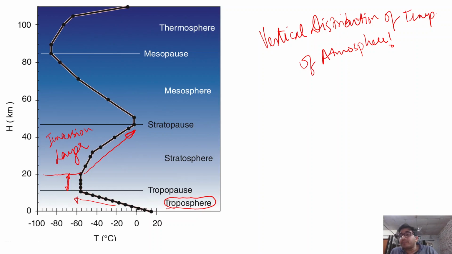Is it at the equator or is it at the pole? In which season is the lapse rate lower? Is it in winter or in the summers? So the common questions which may be asked in the exams on this topic will include the variation in the lapse rate according to season, according to latitudes, and according to height.